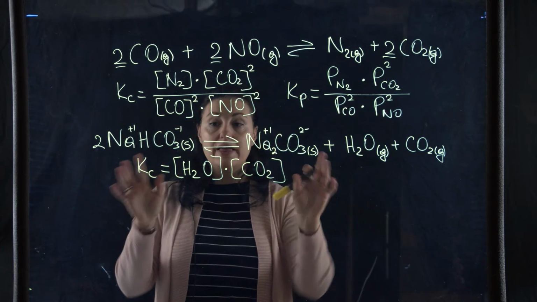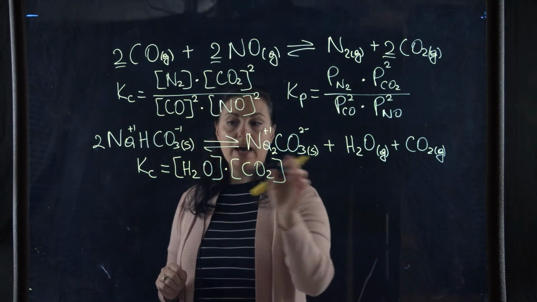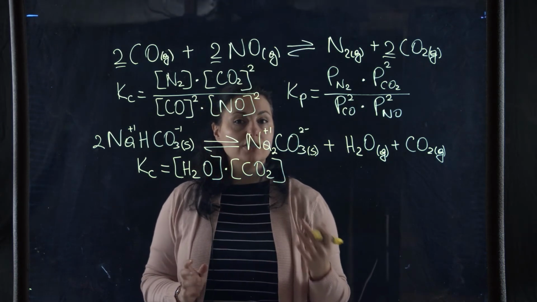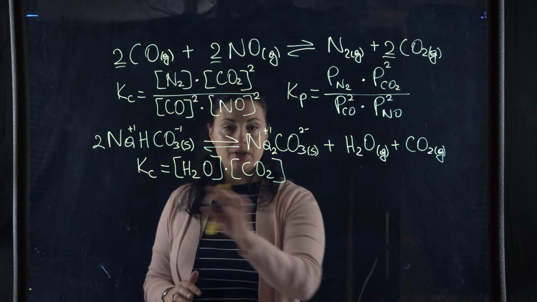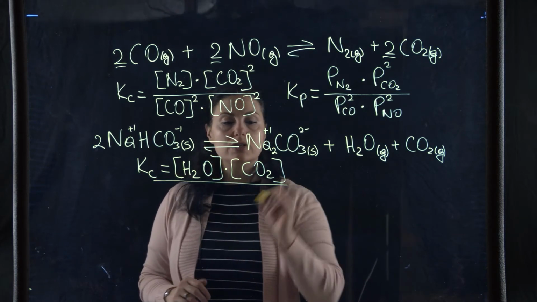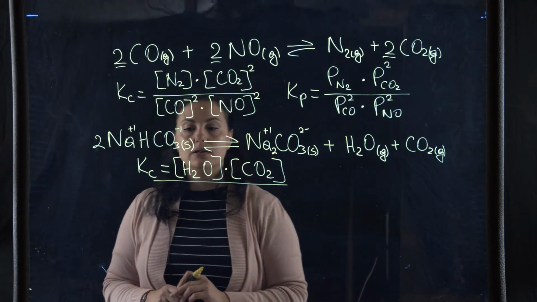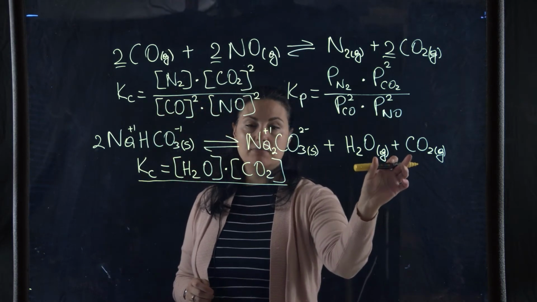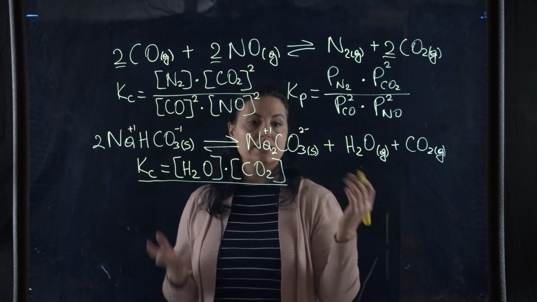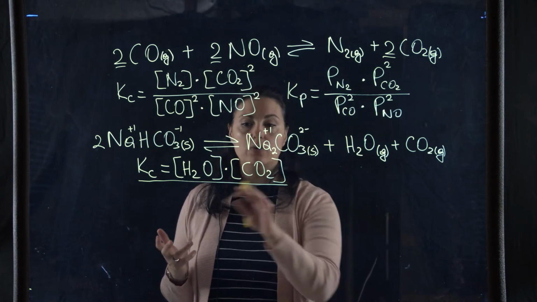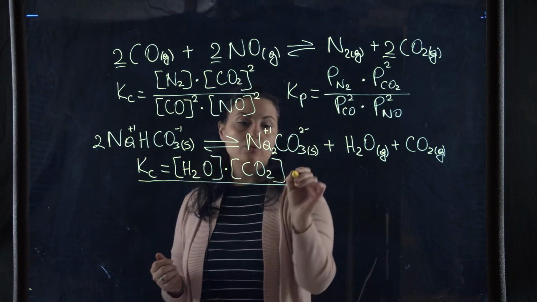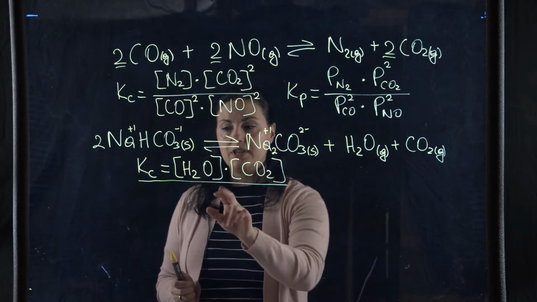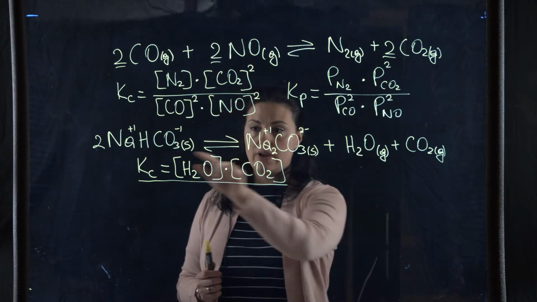Notice that that's where I stop because my other product and my reactant are solids and they do not appear in Kc expressions. So the only two that appear are my gas products here because I don't have anything else that would appear. My solids would appear as one and they will cancel out. Therefore, this is the Kc expression for this reaction.